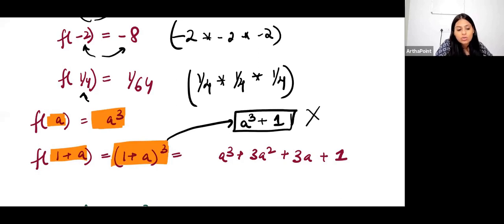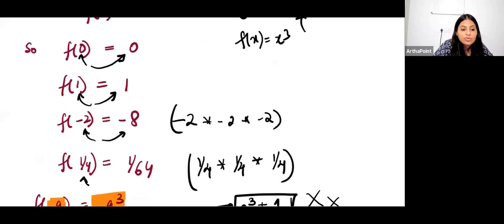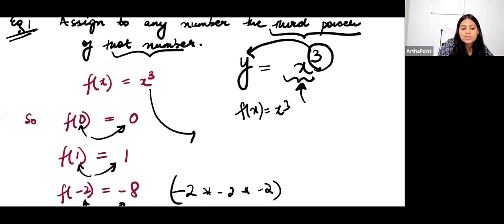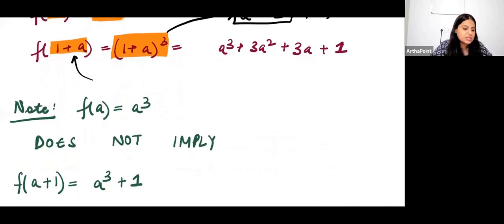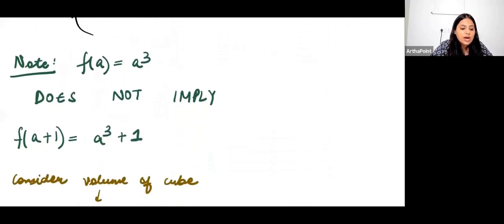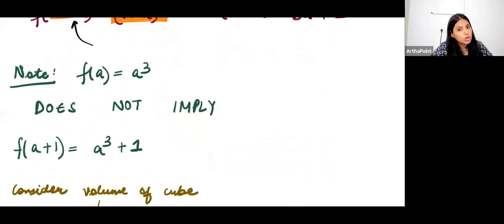This is wrong. If you're putting 1 plus a in the function, you have to replace x with 1 plus a and then cube it. I want to give one more dimension to this analysis. So consider the volume of a cube.